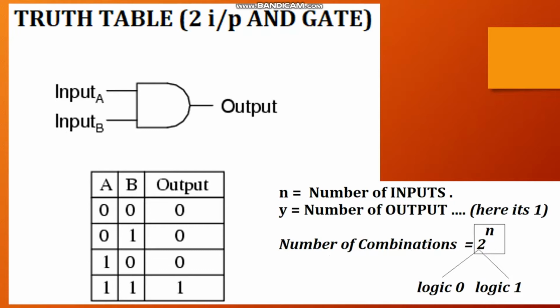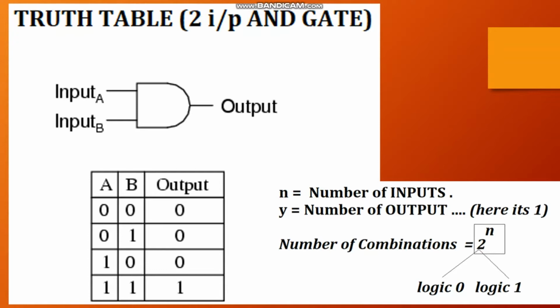Since this AND gate is a 2-input AND gate, here n is equal to 2. So 2 raised to 2 is equal to 4. Hence, the number of input combinations that we can make is 4.